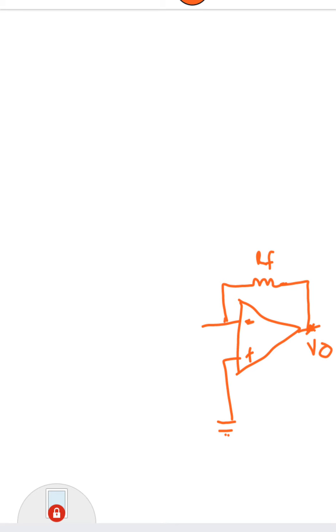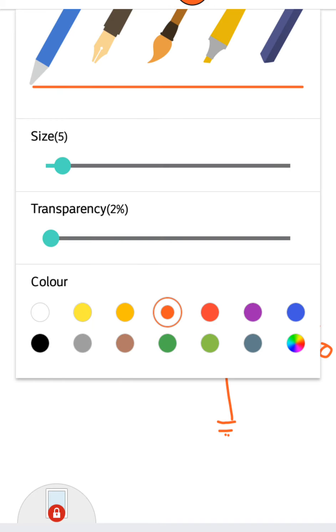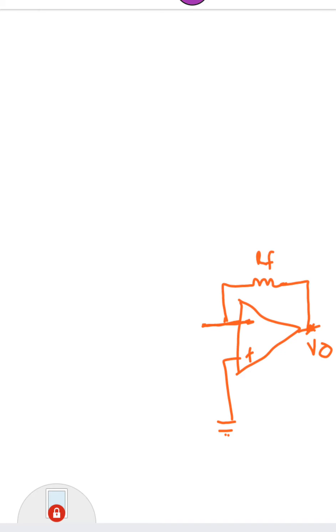Now what are the things that we connect to the minus terminal that we have to draw? For that, I'll be drawing a reference voltage. Assume that this is called the reference voltage E reference. There is another resistor whose value is 2R.